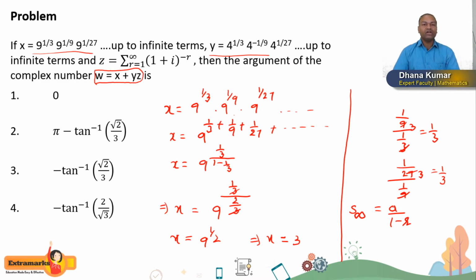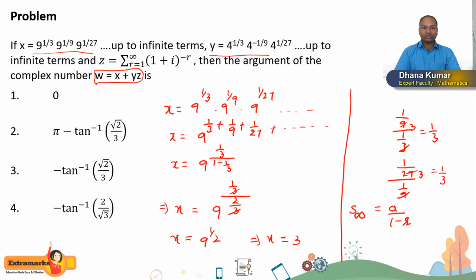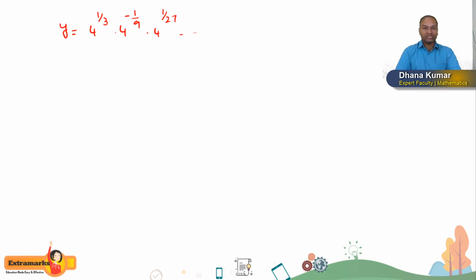In the same way, you find the y value also. y is equal to 4 power 1 by 3 into 4 power minus 1 by 9 into 4 power 1 by 27, so on. Correct or not? You check it. 1 by 3 minus 1 by 9, 1 by 27.